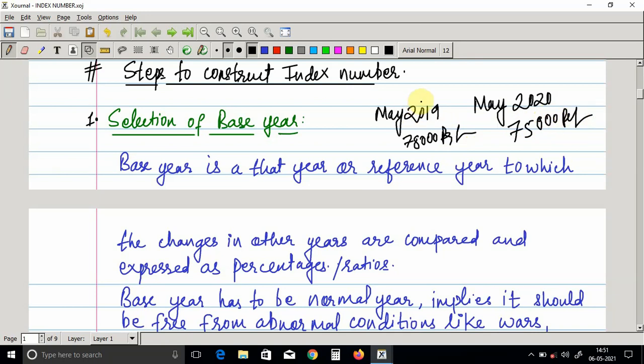So for this data, May 2019 is called the base year, and I am going to compare my salary change with respect to the base year. So I must select a base year.